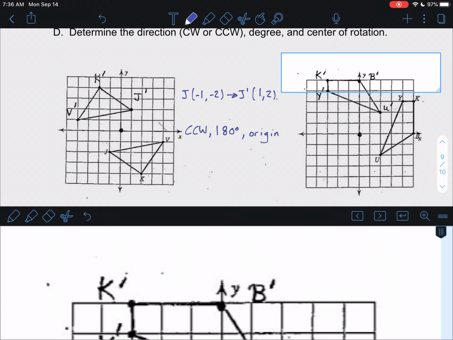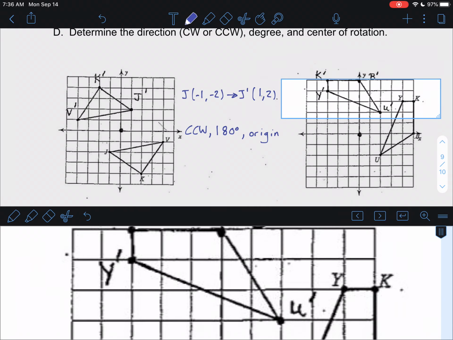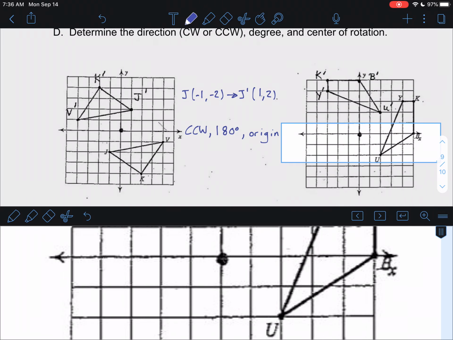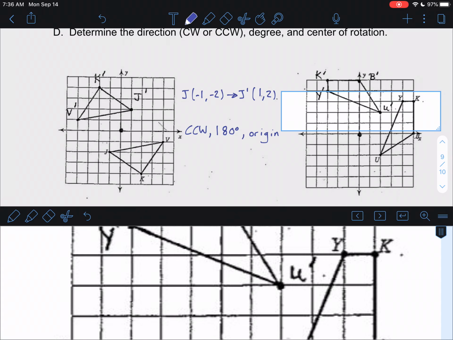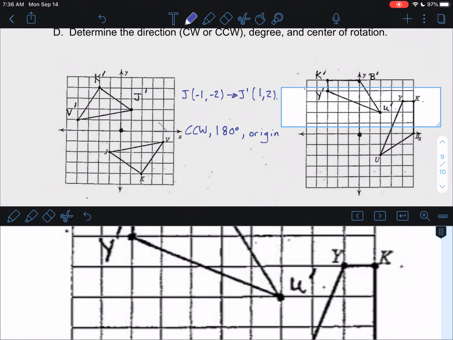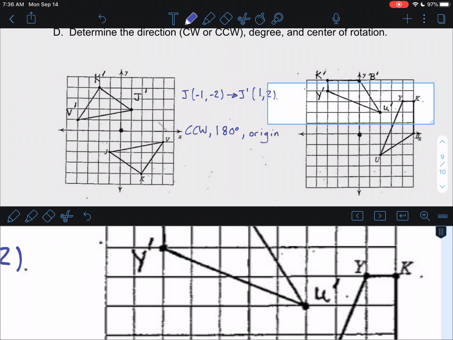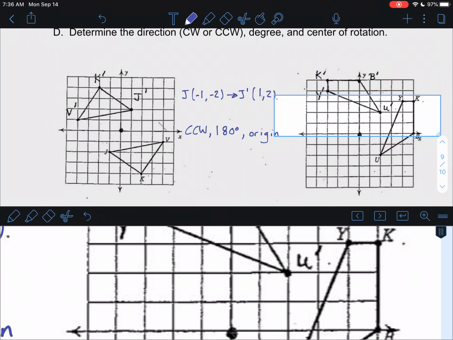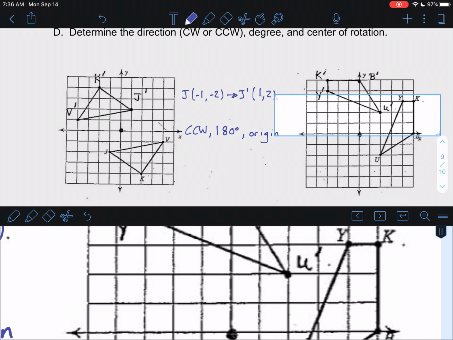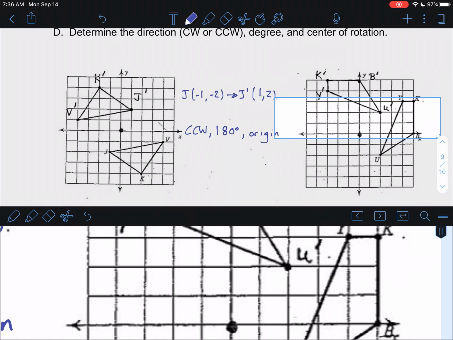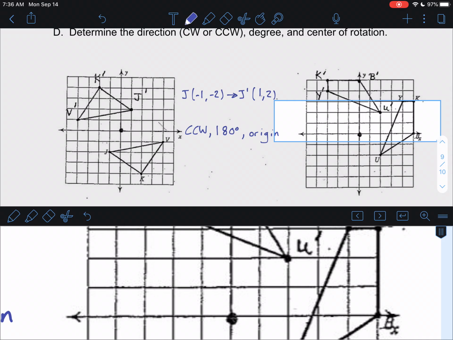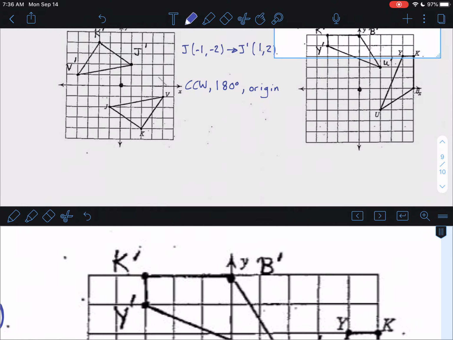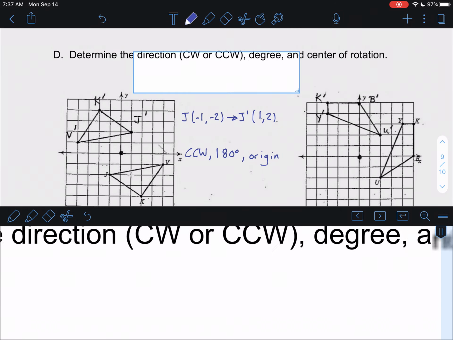And the next one we have to do is this quadrilateral BUYK, or BKYU, I guess. BUYK, BKYU, doesn't matter. Anyways, we're rotating this quadrilateral, and the first thing we have to do is determine the direction.